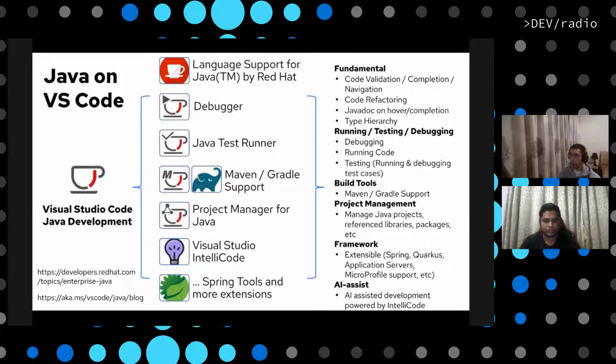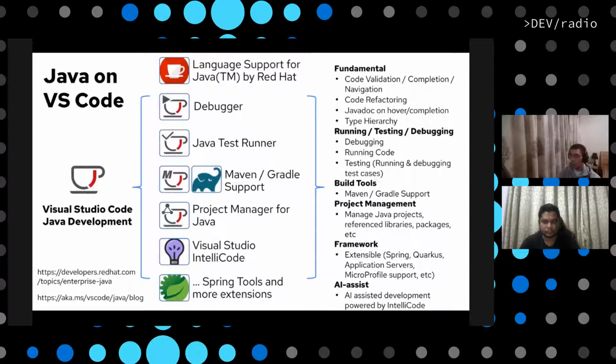So thanks to the nature of VS Code and the language server, the frameworks we support for VS Code Java are extensible and flexible. We have support for Spring Framework, Quarkus, and so on. Those framework supports are in the form of extensions, and developers can choose to install the extensions they're interested in.